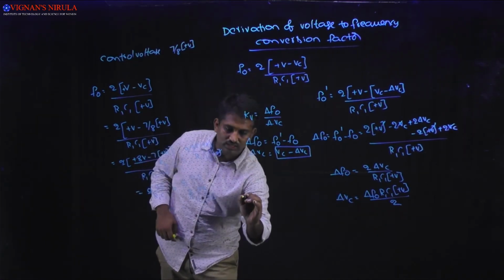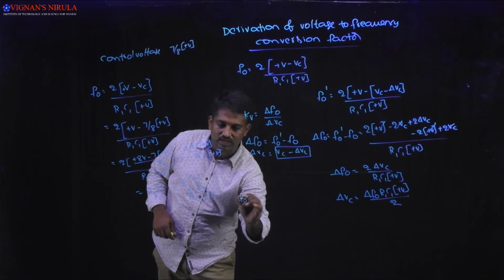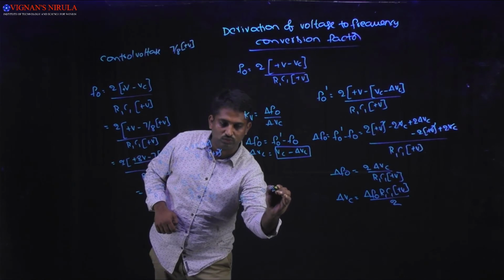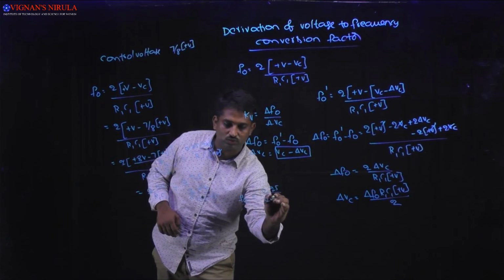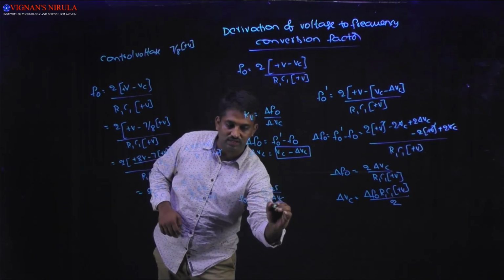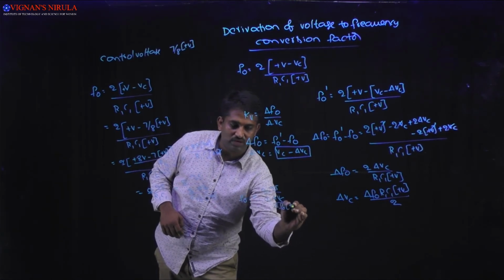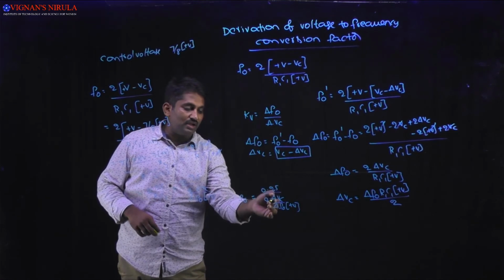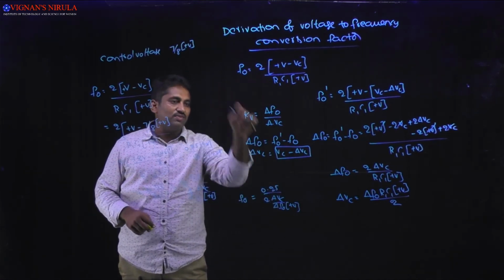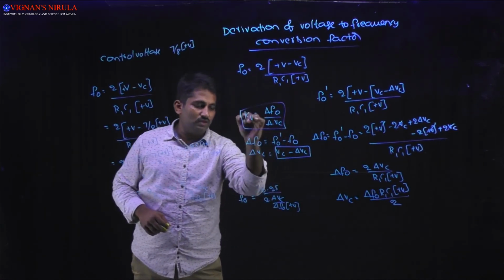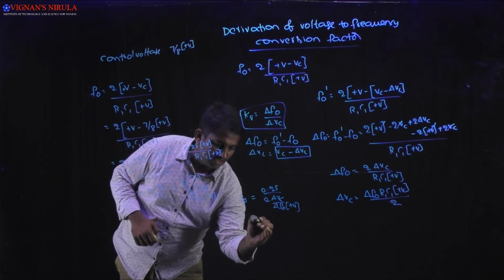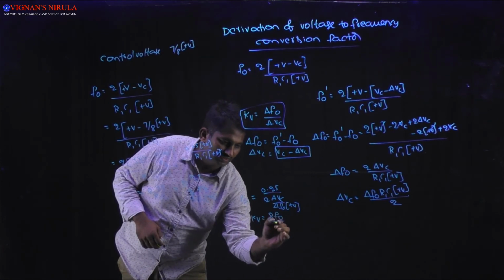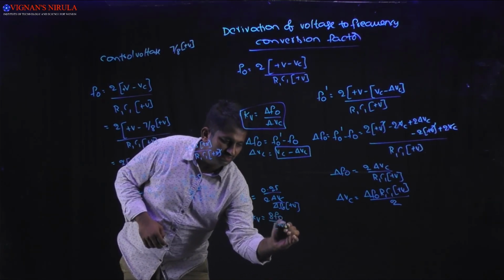So finally F naught will be 0.25 divided by 2 into delta Vc divided by delta F naught into +V. So delta F naught divided by delta V will be taken as kV. Okay, finally from this kV will be represented as 8 into F naught divided by +V.